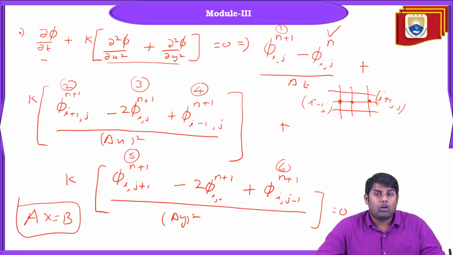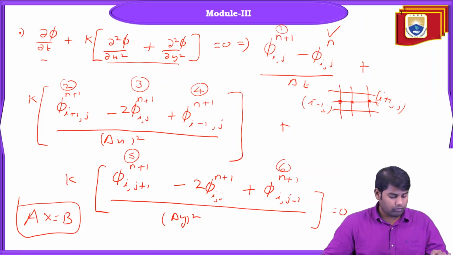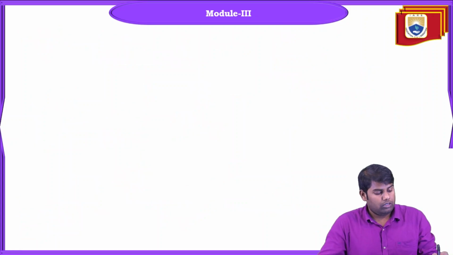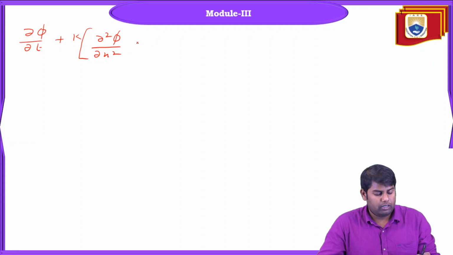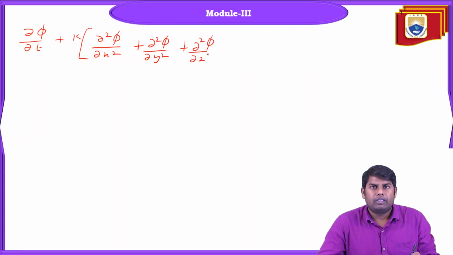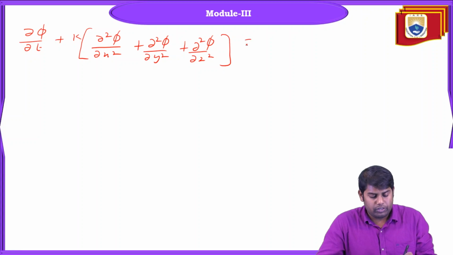How do we solve the implicit technique? Basically this is 2D, so let's see in 3D how many variables we get and how complex it becomes. For 3D: dou phi by dou t plus k into dou square phi by dou x square plus dou square phi by dou y square plus dou square phi by dou z square equal to 0.